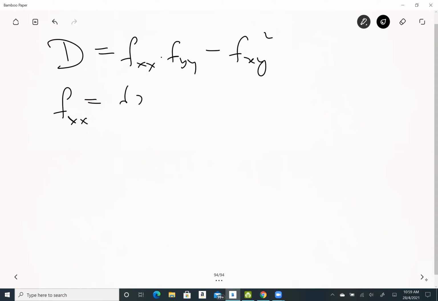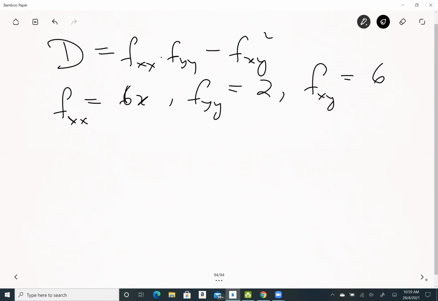You differentiate fx with respect to x, and I got 6x. And then fyy: differentiate fy with respect to y, what do we get? We get 2. And then fxy: differentiate fx with respect to y, what do we get? We get 6.